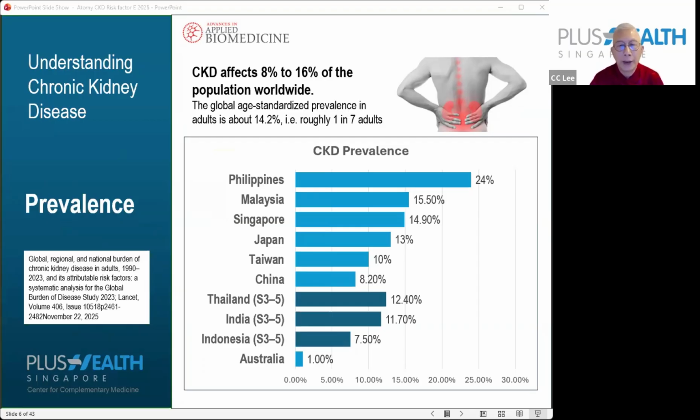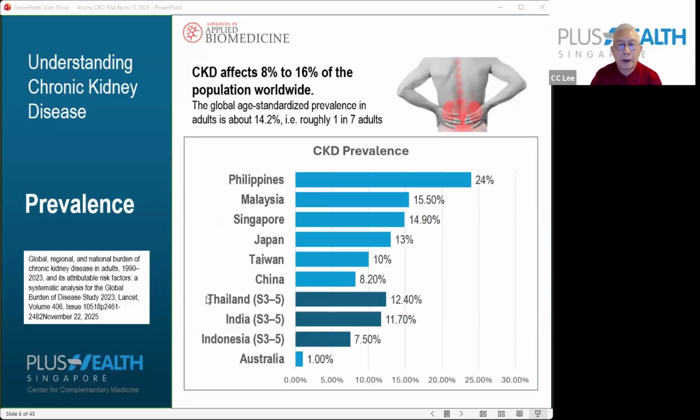And in fact, Australia, if you look at this table here, has the lowest prevalence rate of CKD in the region. In fact, it is among the very low CKD rates. And if you look at Thailand, India, and Indonesia, their measurements are a bit different from the rest of the countries stated here.